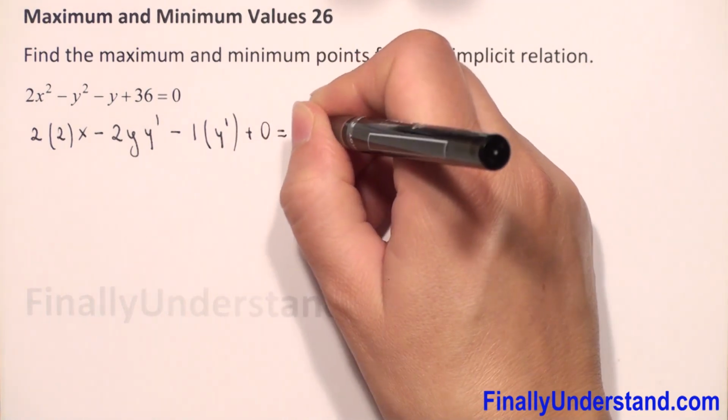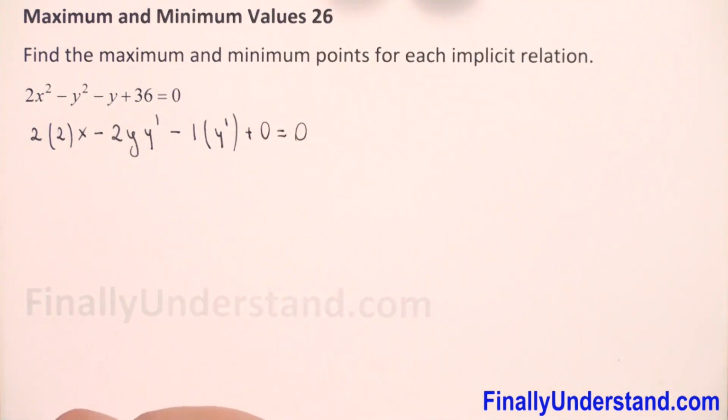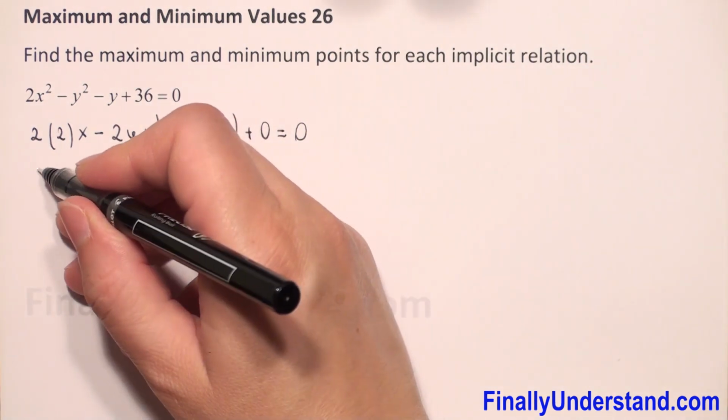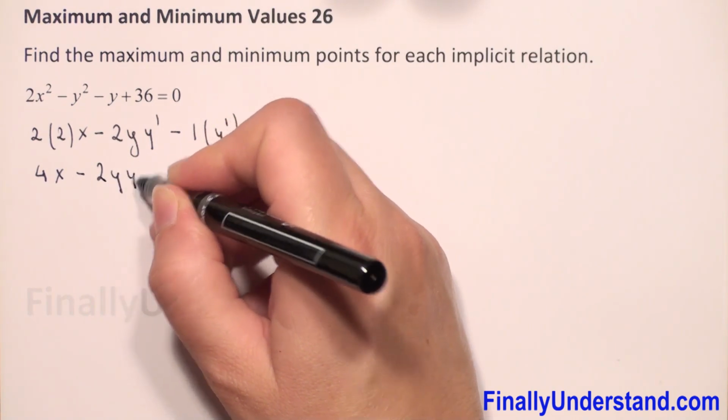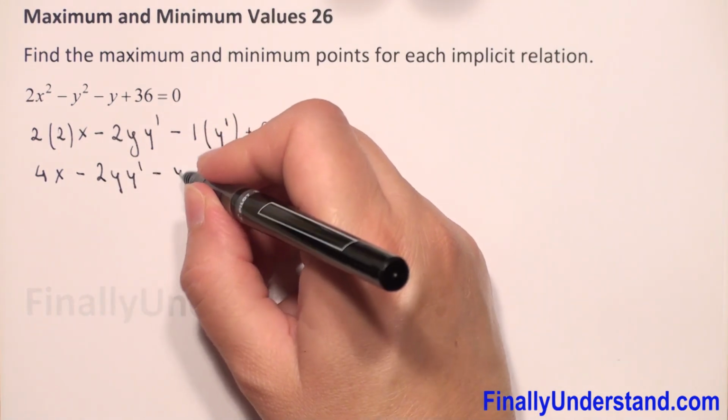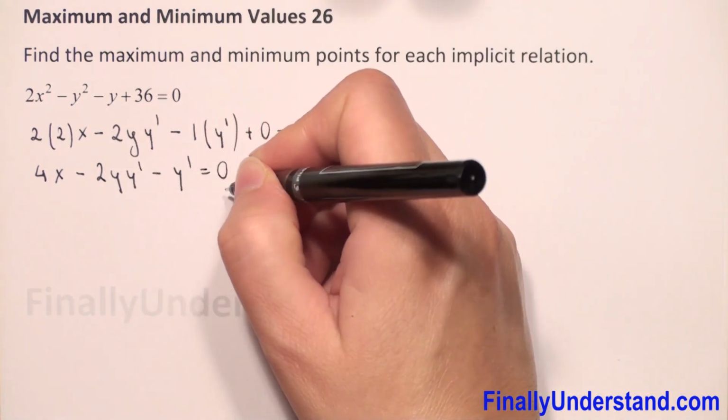This is equal to 0. The derivative of 0 is 0. So now we have 4x minus 2y y prime minus y prime equals 0.